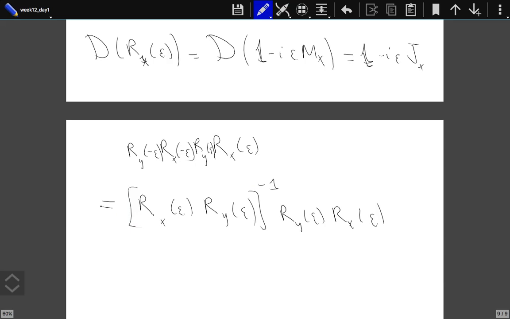Now this one over here is I h bar Sy. And we had shown that this product is minus h bar squared over 4 Sx. So this is equal to Sx.